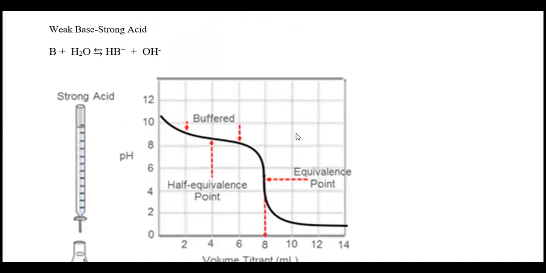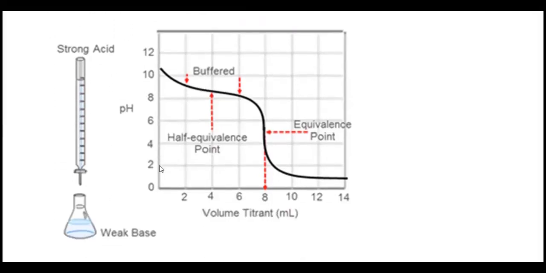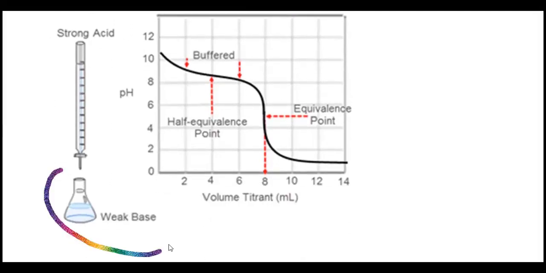Now, let's go for the weak base. So we've got our weak base down here. This is our solution that we're starting off with. And notice, we're not starting at 13 or 12. We're starting at about 11. You end up dropping the pH pretty nicely as you add some strong acid to it, but then you get a buffered solution. You get a leveling off.